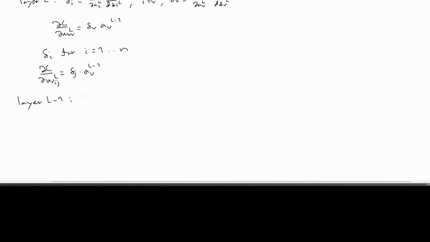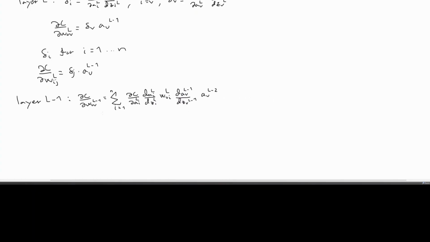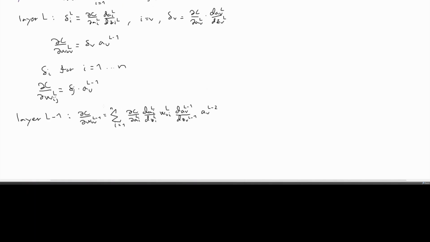Now for layer L minus 1, recall that a weight derivative going to layer L minus 1 was given by this expression. And since our goal is to reuse calculations from the previous layer, we're going to try to reuse the delta I terms. So we see indeed we can substitute for delta I here.